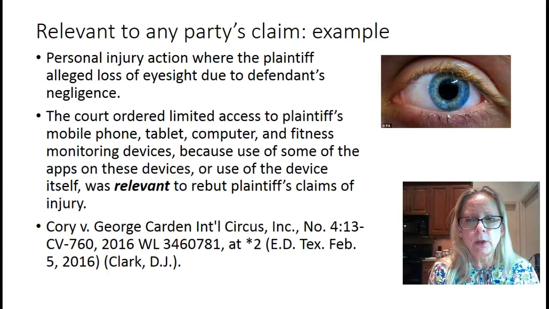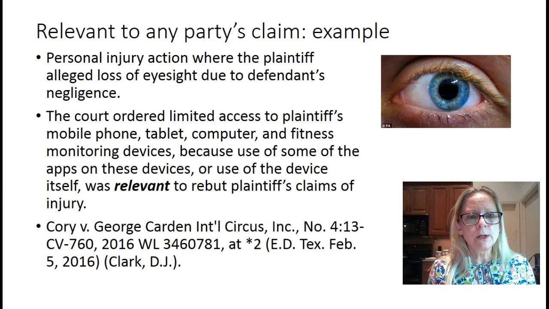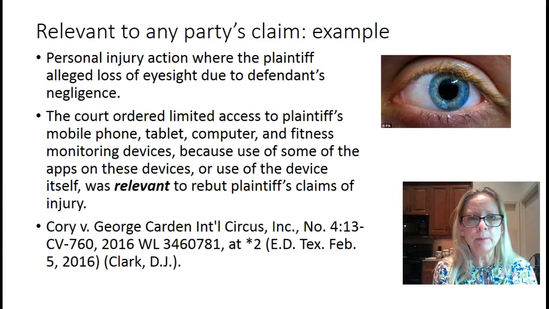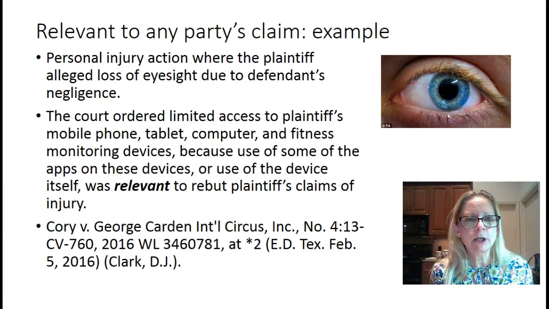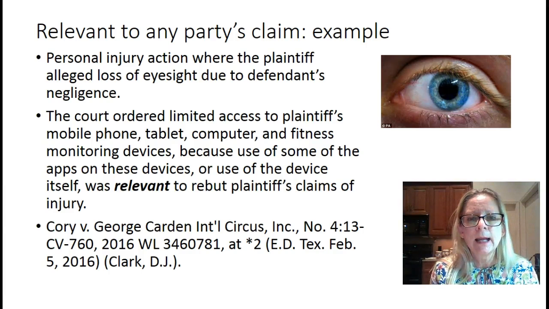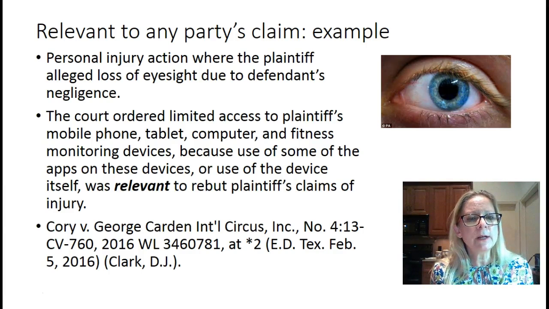So here's an example of a piece of evidence that was sought in discovery that was relevant to a party's claim. This was in a personal injury action where the plaintiff alleged loss of eyesight due to the defendant's negligence. And so the defendant asked for access to the plaintiff's mobile phone, tablet, computer, and fitness monitoring devices because the use of some of the apps on these devices or the use of the device itself was relevant to rebut the plaintiff's claim that she couldn't see.